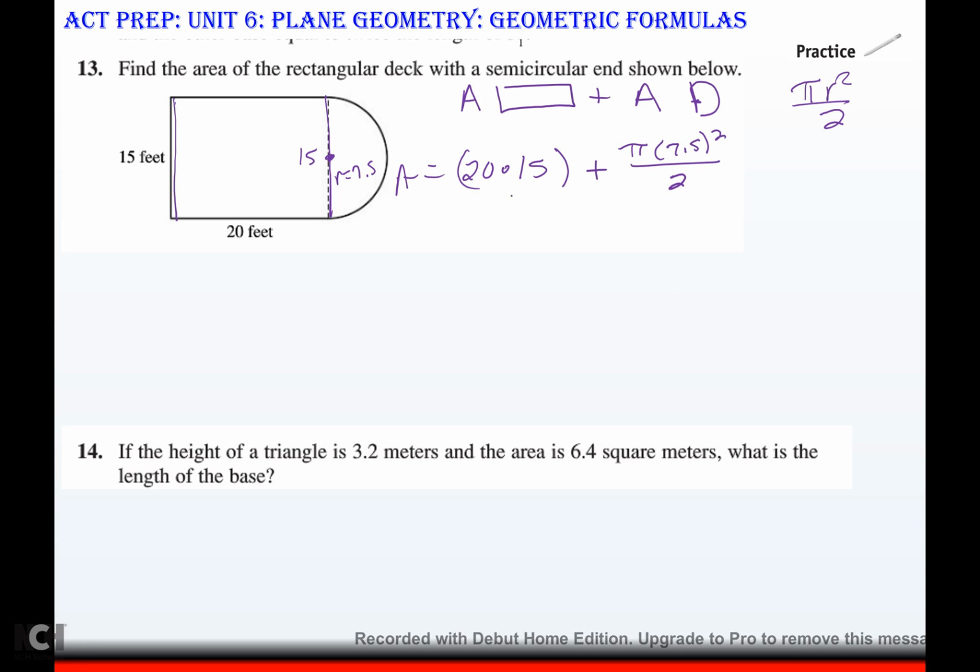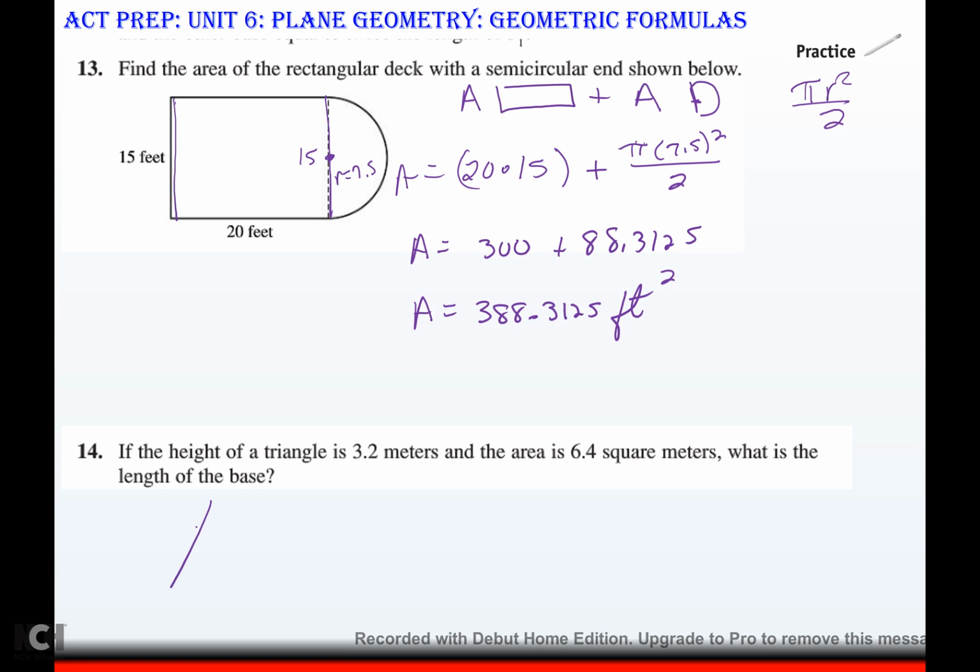Okay, so this one gives me 20 times 15 is 300. Plus, this gives me, if I type it all in and be real careful, use 3.14, is going to be 88.3125. And that gives me an area of 388.3125. Area is units squared, so it's feet squared.